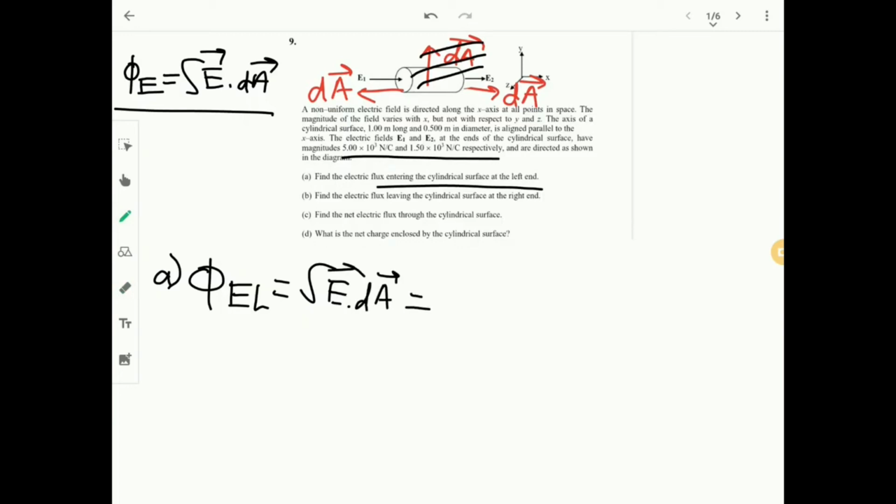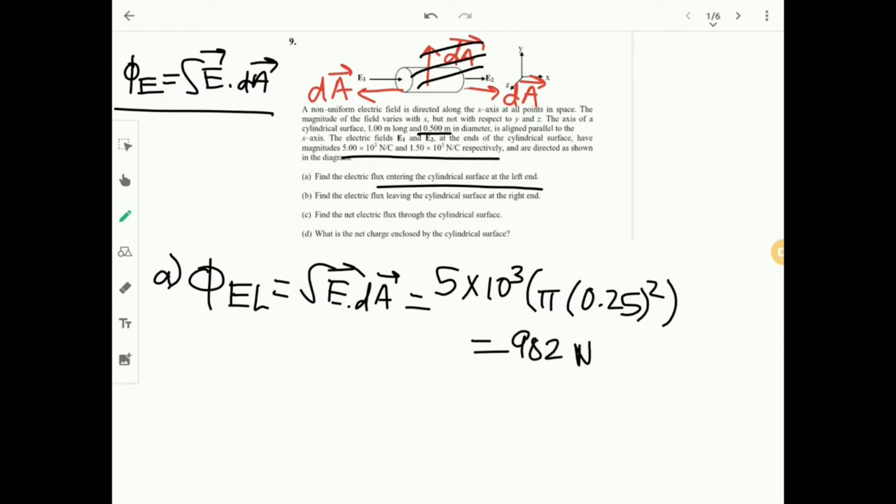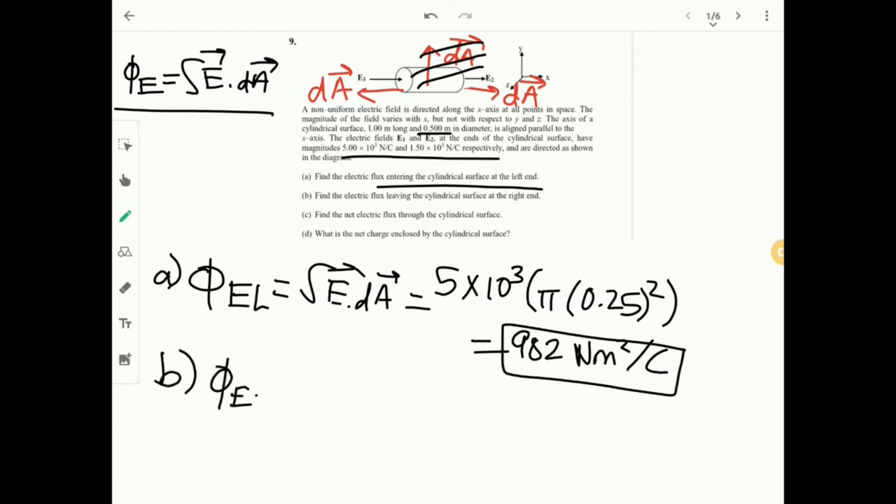We know that the magnitude is 5 times 10 to the 3 and the area is pi r squared. Now what's r? r is 0.25 since the diameter is 0.5. And we should get 982 newton meter squared per coulomb. B now, same thing to the right.